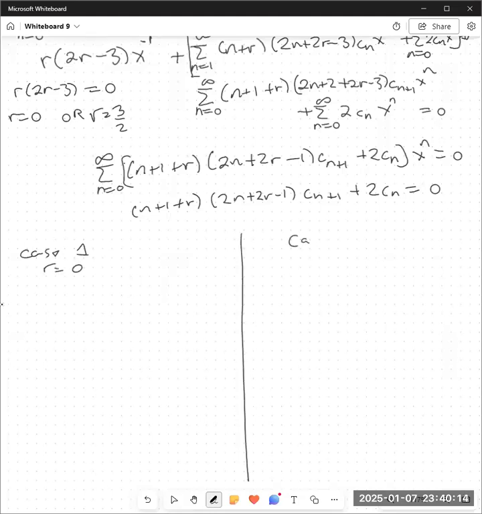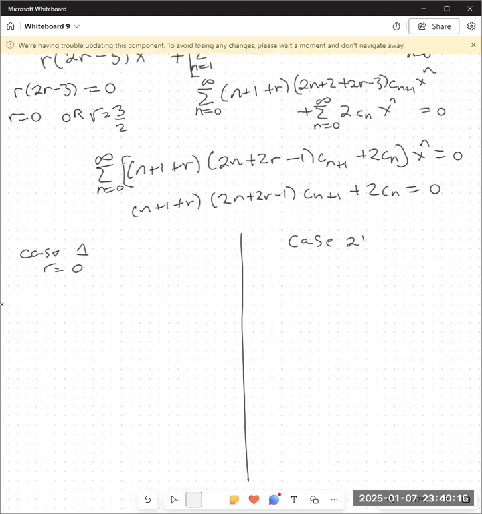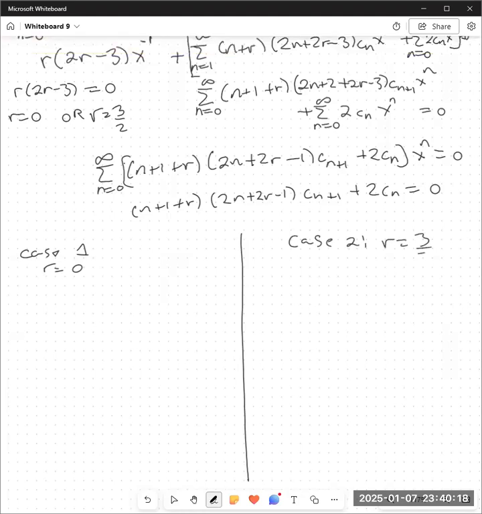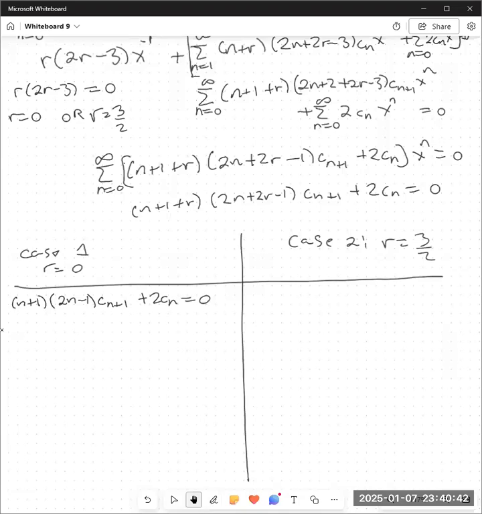Case 2 is r equals 3/2. And this then turns into, if r equals 0, this is n plus 1 times 2n minus 1, c sub n plus 1, plus 2 c sub n equals 0.